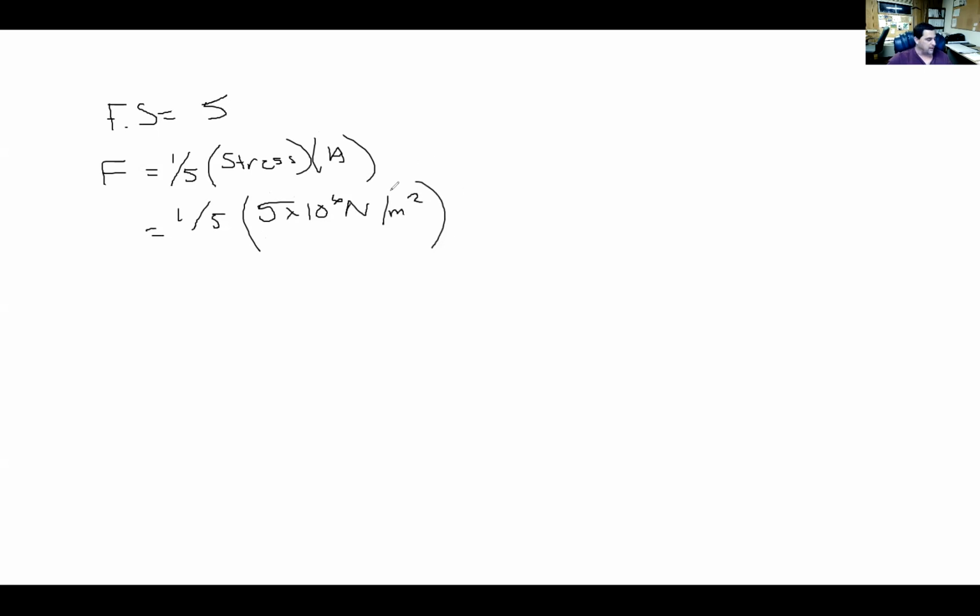Now notice I'm dealing with meters and newtons. So if you're given masses, you have to get them to kilograms and then get them to forces in newtons. And if you're given centimeters, you have to convert those to meters.